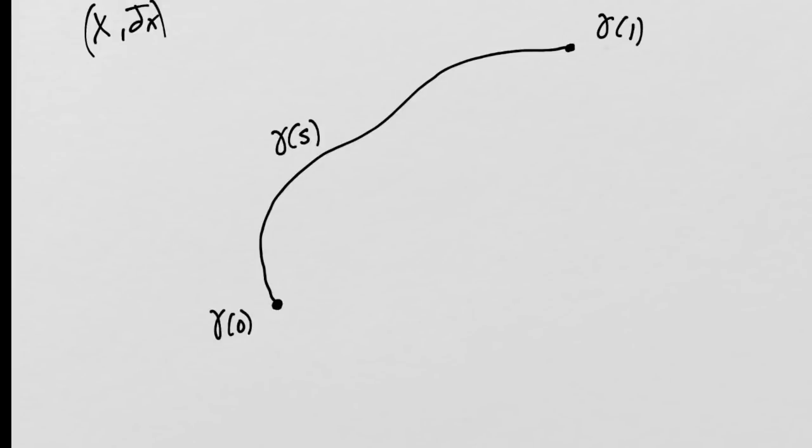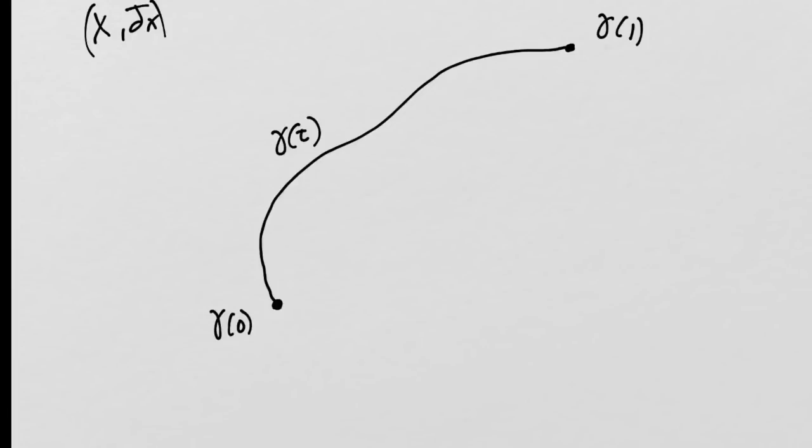So gamma of t. The reason we use t is we lean on the idea that as time marches on, you move along this path. It's any parameter, however, but t goes from 0 to 1, and as time progresses from 0 to 1, you're somewhere along this path. That's the way to think about that.